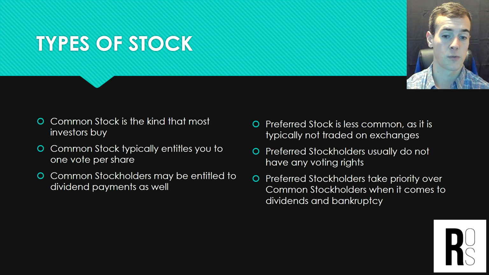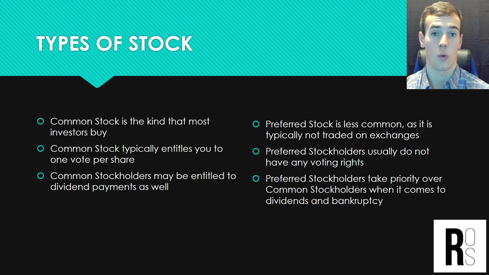And common stockholders may also be entitled to dividend payments as well. If that company is turning a profit and they have earnings and they decide to pass them down to the shareholders, they may do so in the form of quarterly dividend payments. Now, preferred stock, on the other hand, is less common as it is not typically traded on an exchange, and preferred stockholders usually do not have any voting rights.